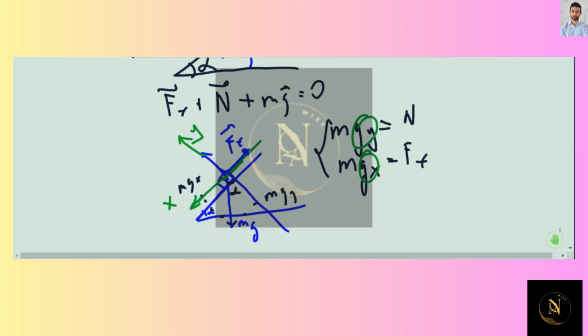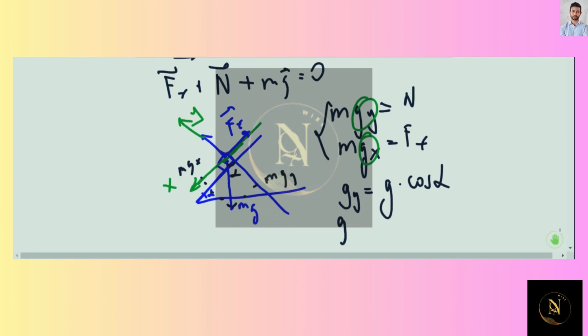So therefore, g_y numerically equals g multiplied by cosine alpha, and g_x equals g multiplied by sine alpha.